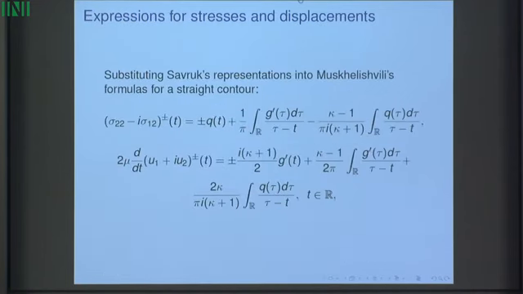Again, substituting Savruk representations into Kolosov-Muskhelishvili formulas leads to relatively easy representations for tractions and for derivatives of displacements. So a straight contour helps a lot with that. Typically, you would also have some regular kernels over here in each of these equations, but for a straight contour, those kernels are just 0.